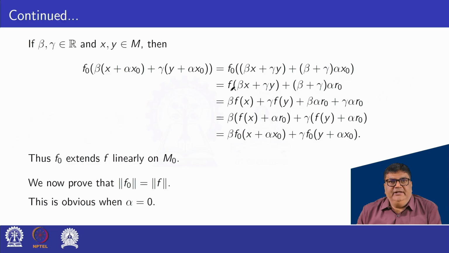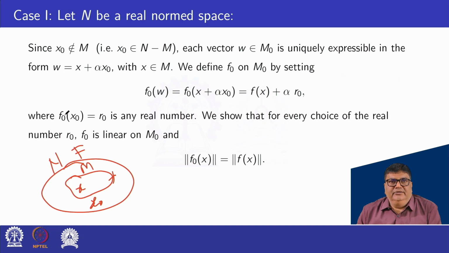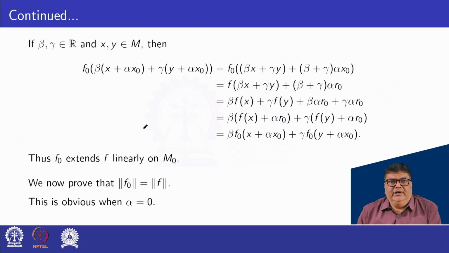This can be written as beta into f of x plus gamma into f of y, plus beta alpha r0 plus gamma alpha r0, because here f0 of x0 is r0. So we have this one.